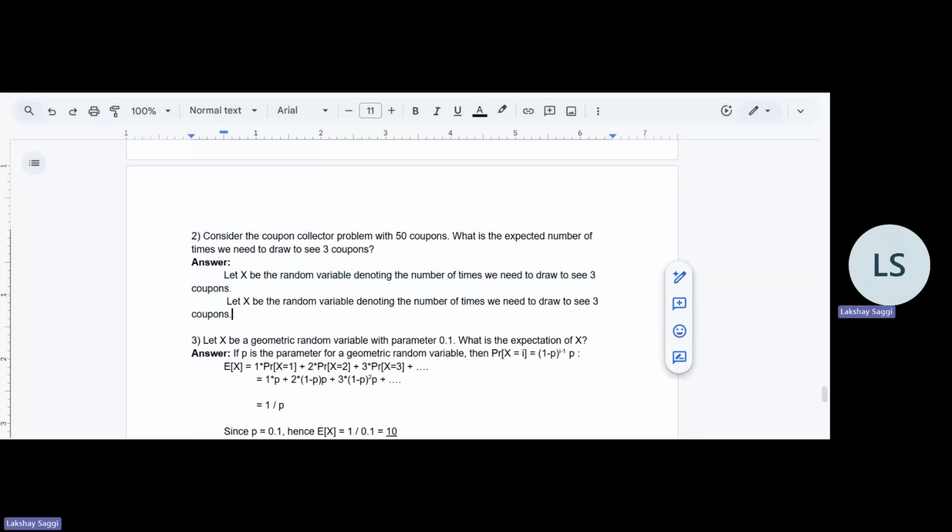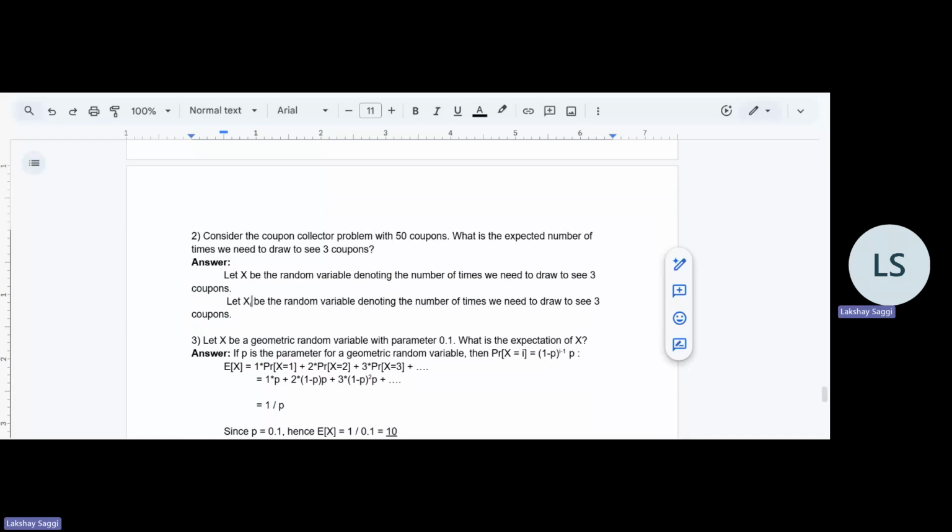We'll be trying to use linearity of expectation, because we discussed this last week, and also the power of linearity of expectation. We have to be comfortable with it because this has been discussed in the lectures time and time again.